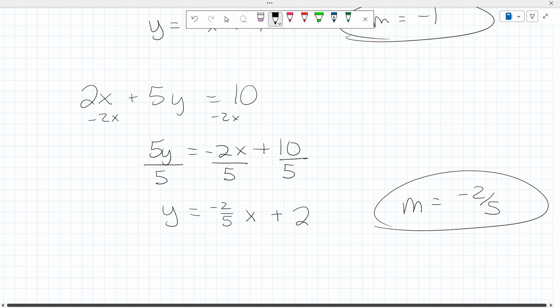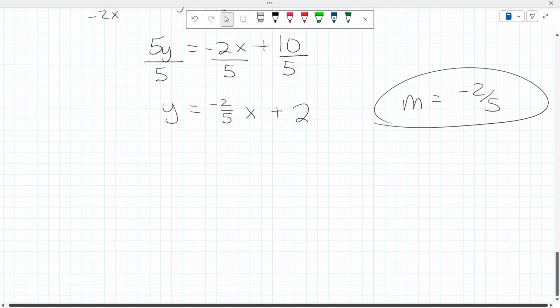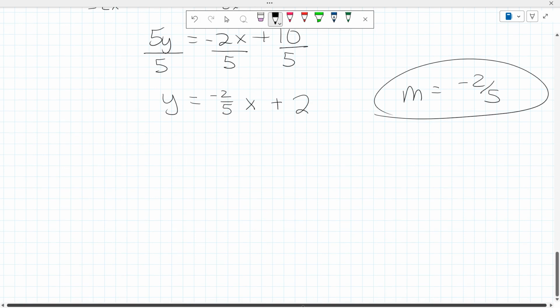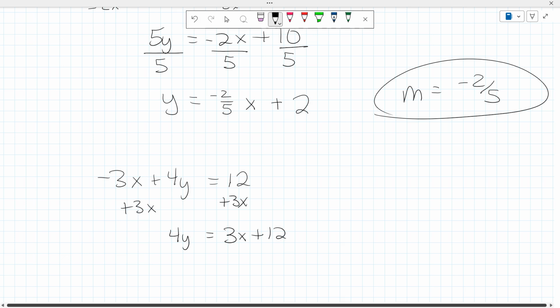Let's do one more. Negative 3x plus 4y equals 12. What do I do to get y alone? Add 3x. So 4y equals 3x plus 12.